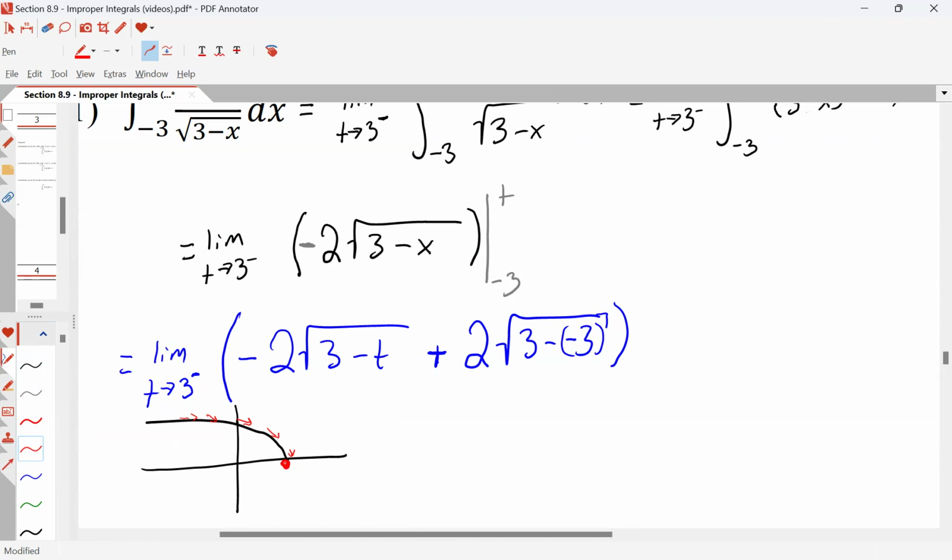If I plug in 3, I can do that now. I can take the square root of 0. So taking the square root of 0 makes this limit -2 times 0 plus 2 times the square root of 6, which is also just 2 times the square root of 6.